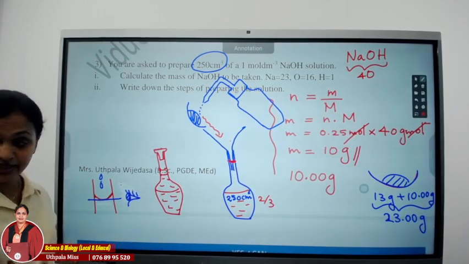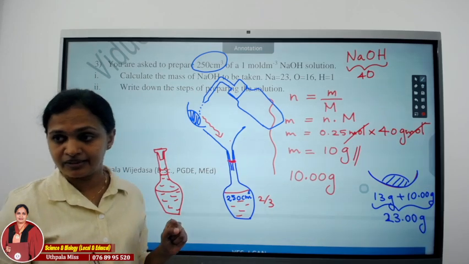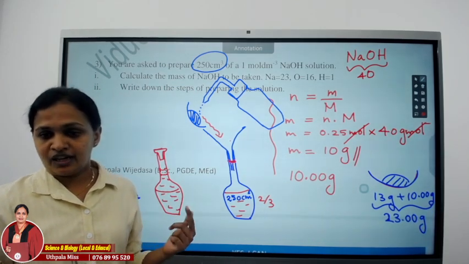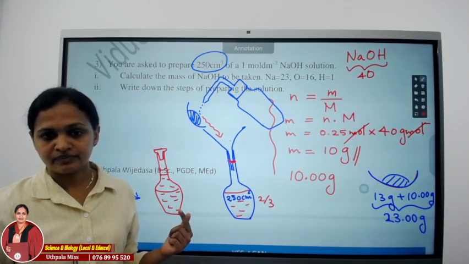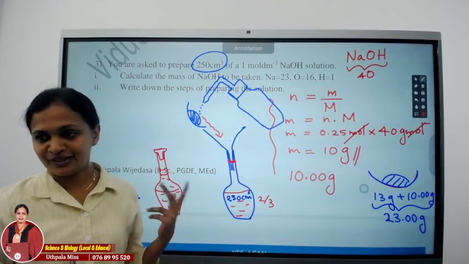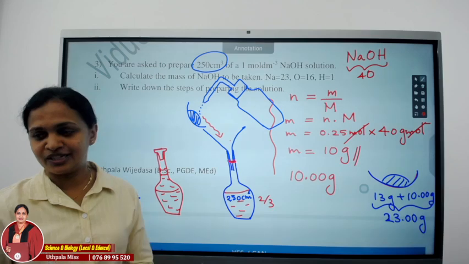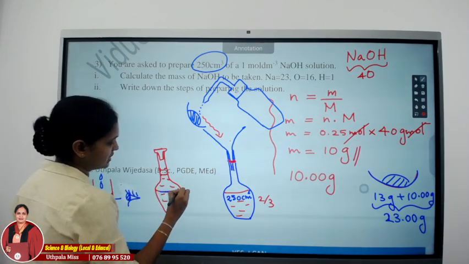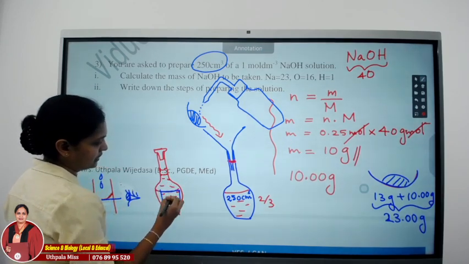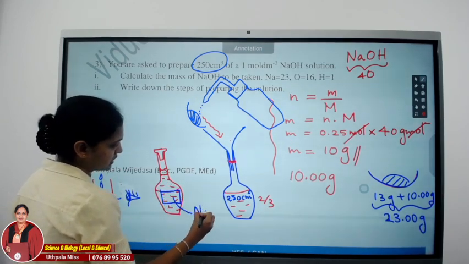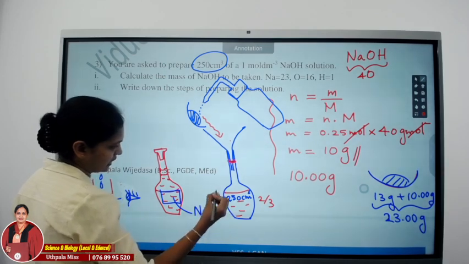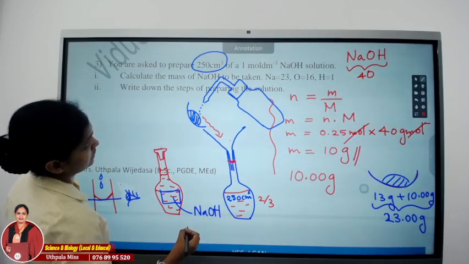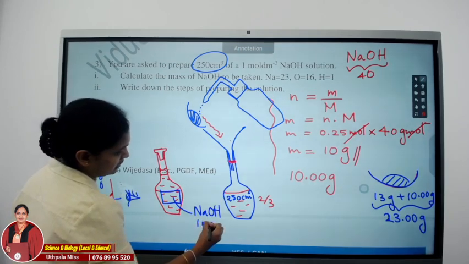Do this after everything has dissolved. Okay? Then after that, your solution is ready. Then you can paste a label on this. The label should have the name of the solution, sodium hydroxide, concentration 1 mole per cubic decimeter.